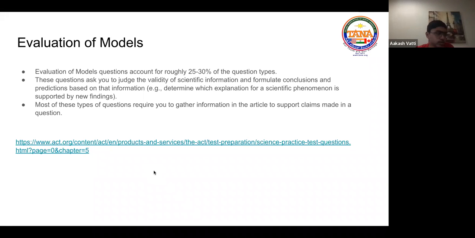So an article gives you some information, and you're asked to say whether that information supports a claim made by the question.